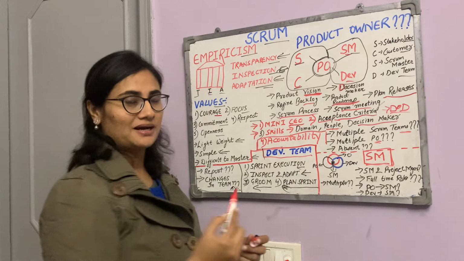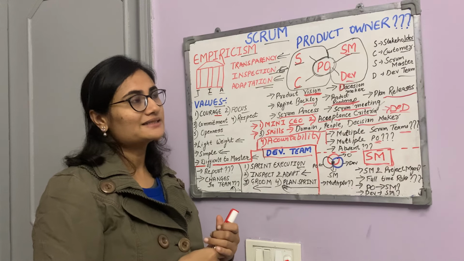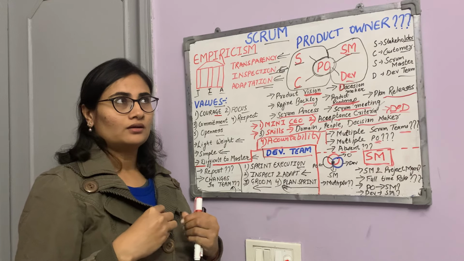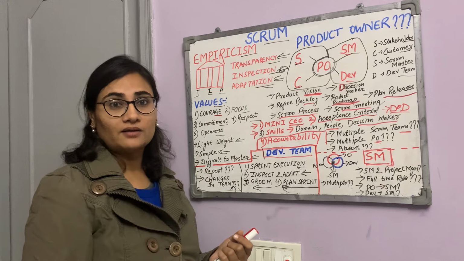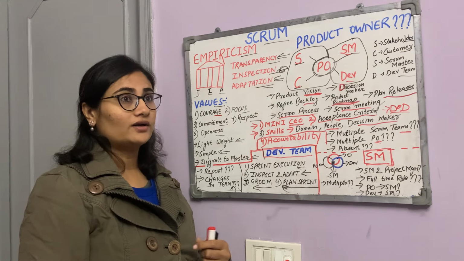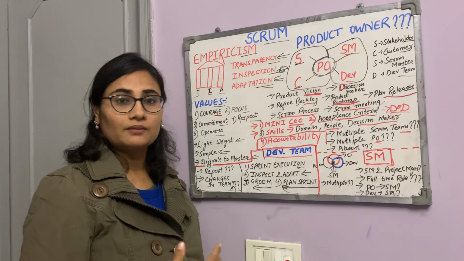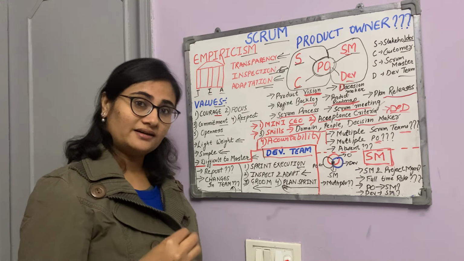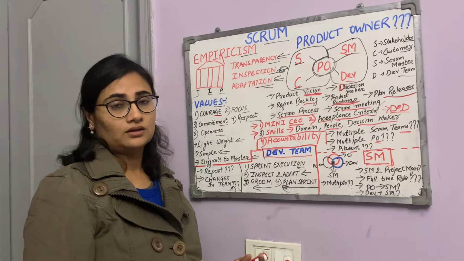The Scrum Master is the best known person of what the Scrum framework is. He is the one who has mastered Scrum, and he is helping not only the organization, but the development team and the product owner also to adapt to Scrum.